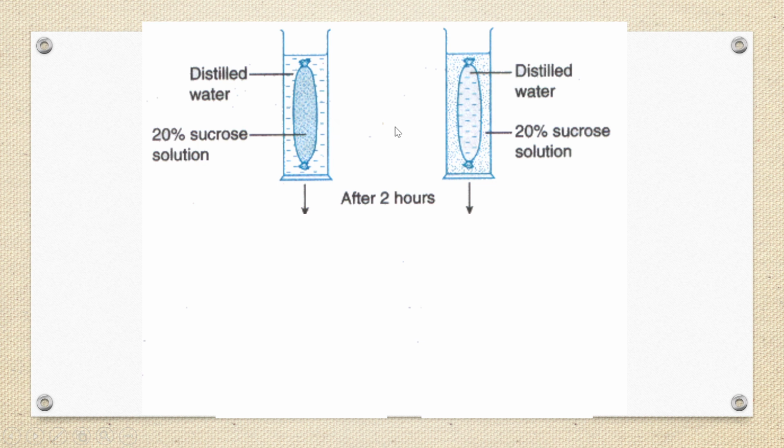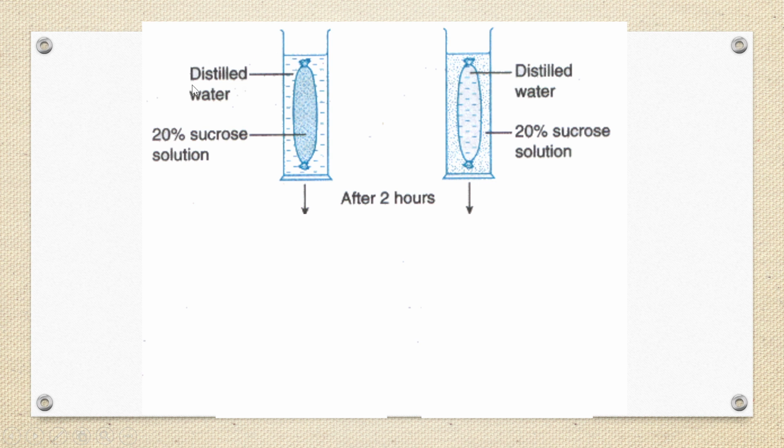Okay, second question: what does osmosis tell us? There will be net movement of water molecules from region of high water potential to low water potential. So let's look at the first condition over here. In these two compartments, which one has higher water potential?